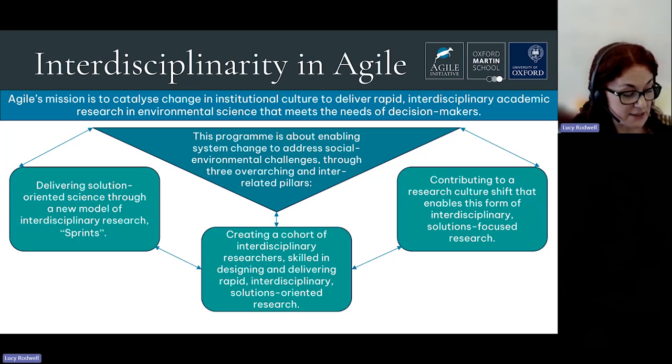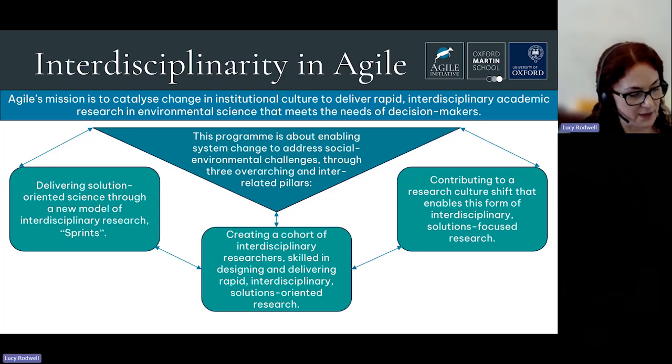Perpetuating the Agile sprint model is part of the culture shift we hope to bring about in the university. And finally, learning from sprints and the policy relevant interdisciplinary research undertaken will be used to contribute to shifting the dial on recognising the value of interdisciplinary academic work and addressing the structural changes needed to better support its practice and its funding and its delivery.